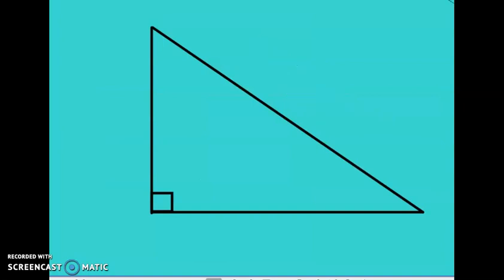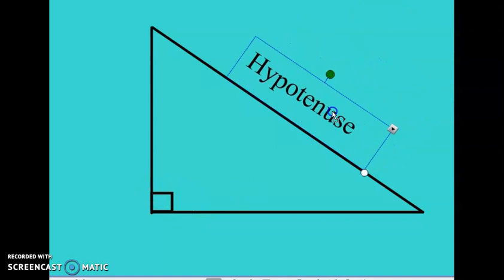The first thing that we need to do when we work with right angle triangles is to identify the hypotenuse. The hypotenuse is the side that is opposite the 90-degree angle. And notice how the 90-degree angle is identified as an angle with a little square inside.